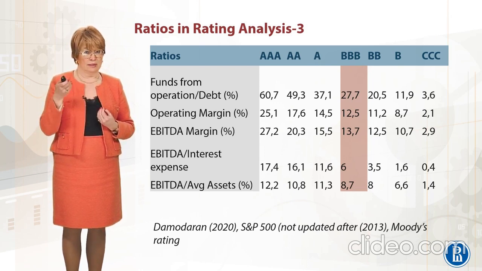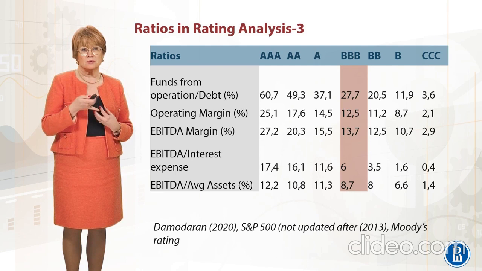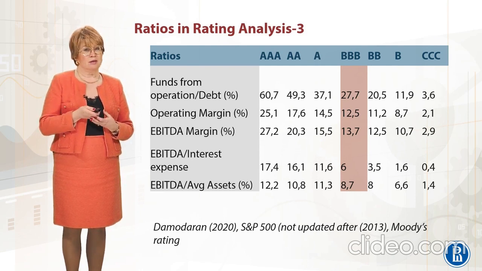But for BBB, it's almost 28%. And then for CCC, it's a very, very low coefficient.